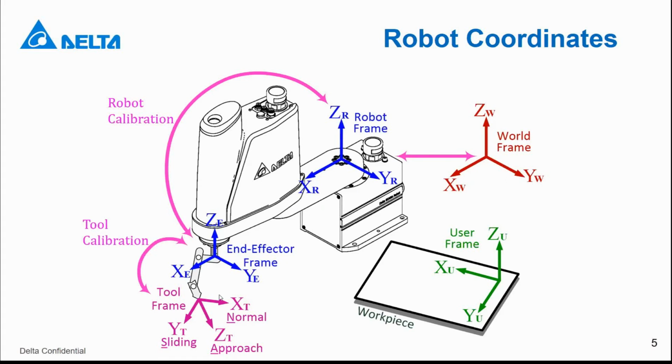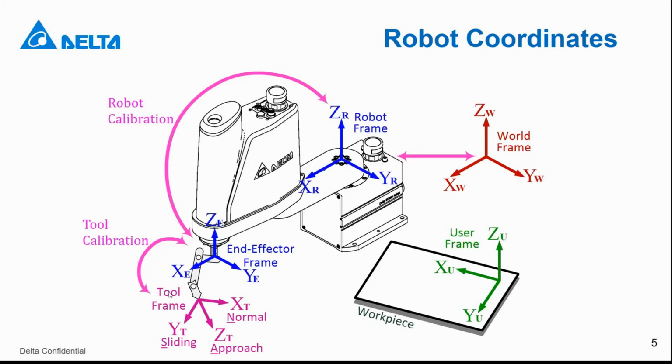But if we install a new tool on the end effector here, and usually we're using the tooltip to work on the workpiece, the robot doesn't know where the tooltip is. So we need to do a tool calibration to let the robot know the tool frame.